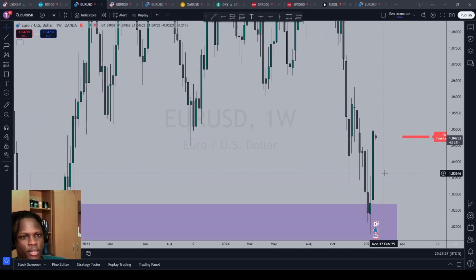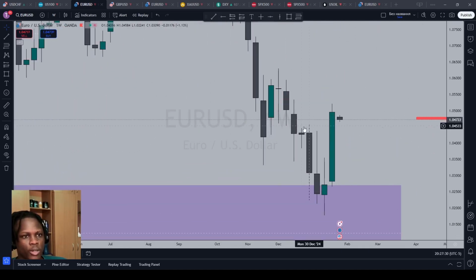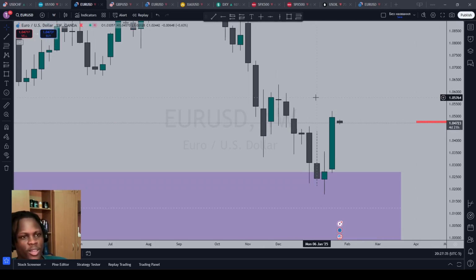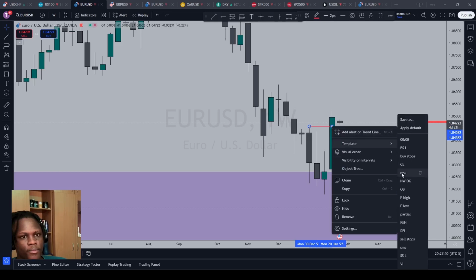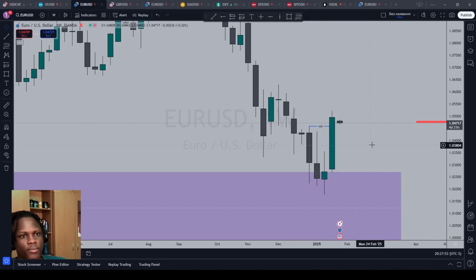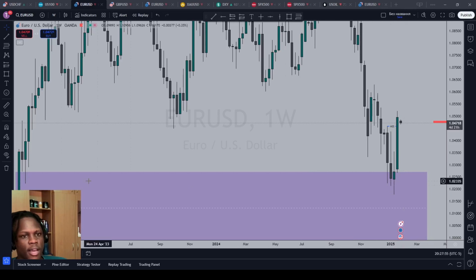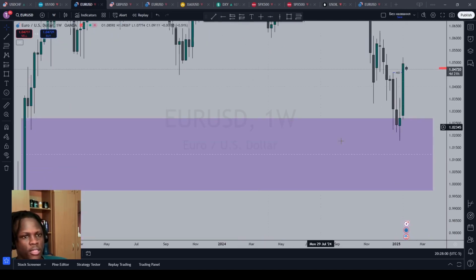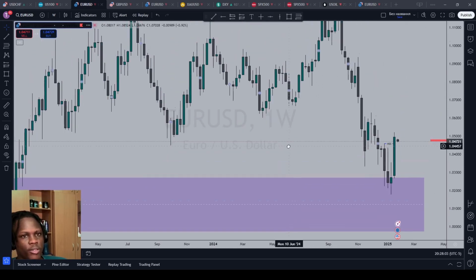Let me make it big. It closed above this swing high. So now I'm a little bit skeptical if this is a shift in market structure, because you see it closed above this swing high, after tapping into this low and into this weekly fair value gap.